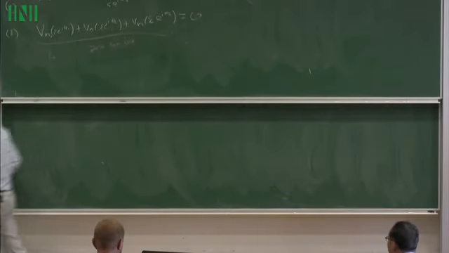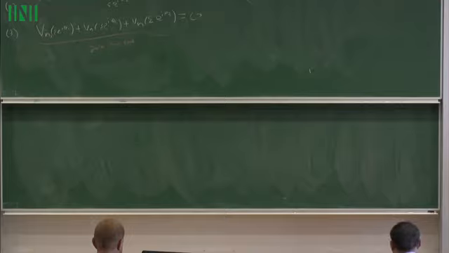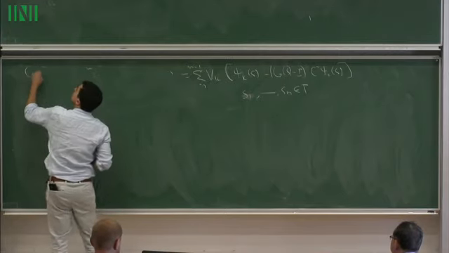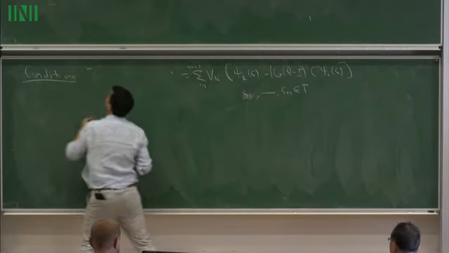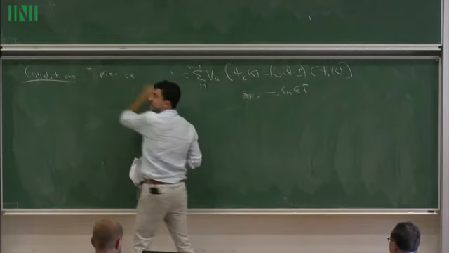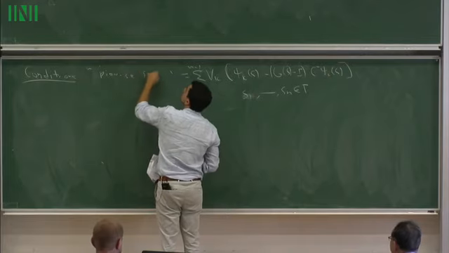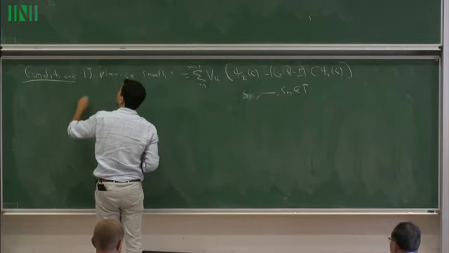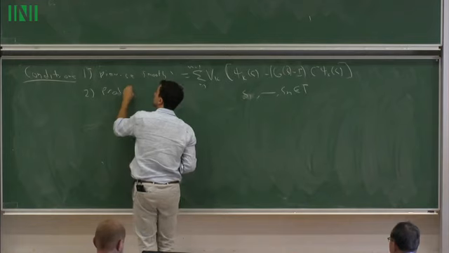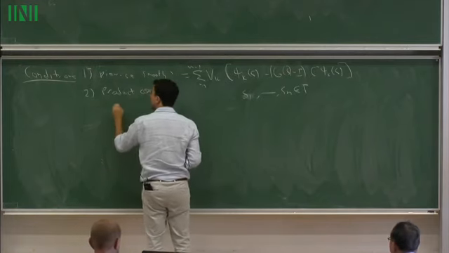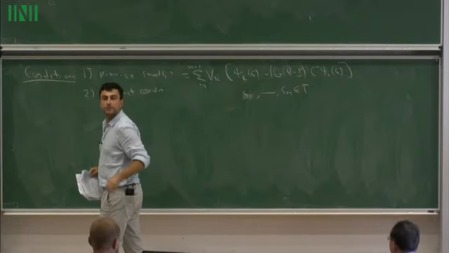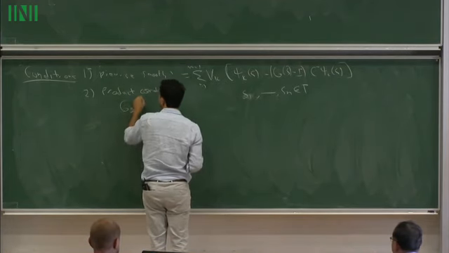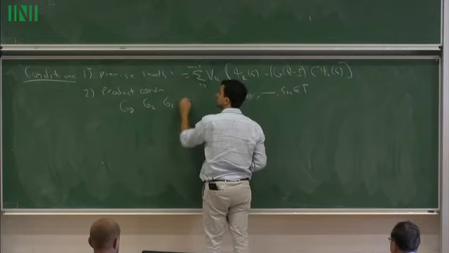So, conditions: 1, piecewise, I'll just say smooth, but obviously that can be weakened, where here the pieces are everywhere apart from the junction points. 2, there's something called the product condition, which is, I'll just write it for the 3-1 case, but the generalization is obvious, is that G3, G2, G1 is equal to identity.